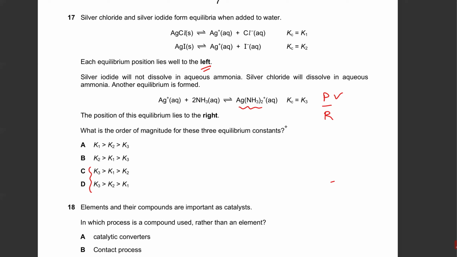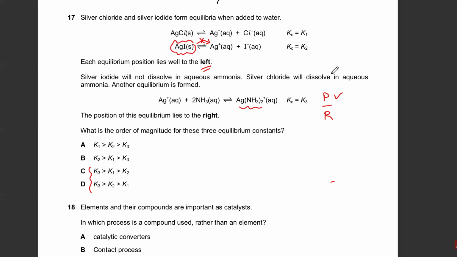Now, between these two, which one is more to the right? More to the right would be AgI, the K2. No, AgI, he says it does not dissolve in aqueous ammonia. So that means this does not dissolve, so it's not going to the right.